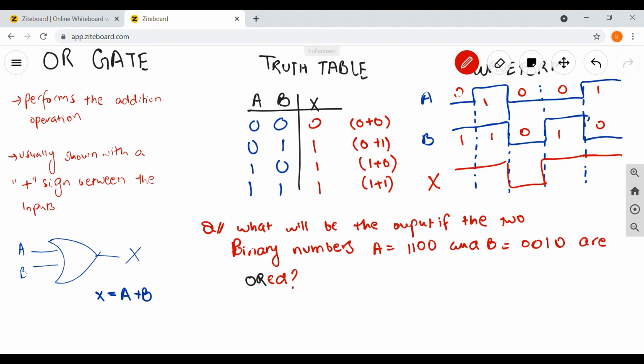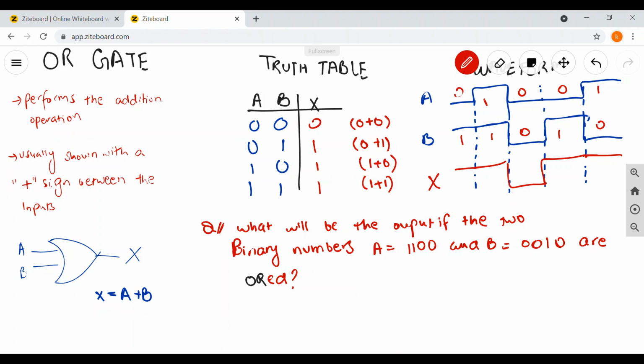So you can tell that you're only going to get a low output in the OR gate when you have two zeros. If you have even one high input, your output is going to be 1.